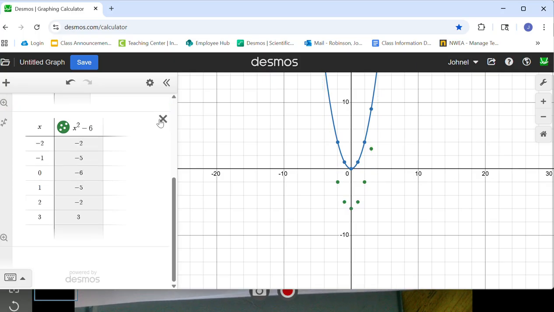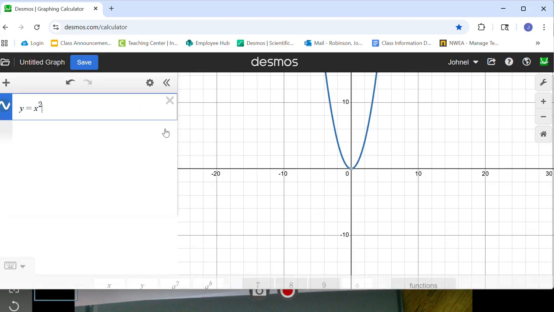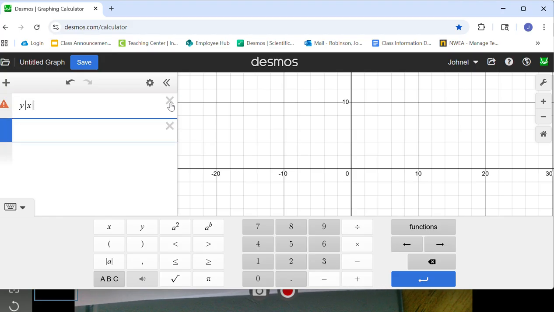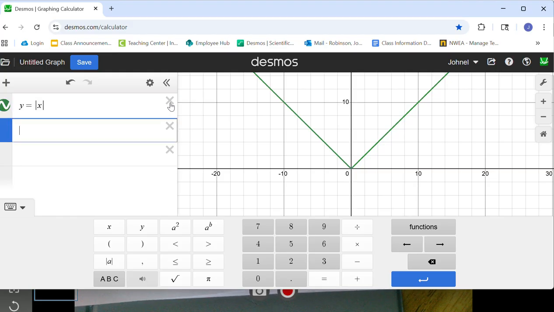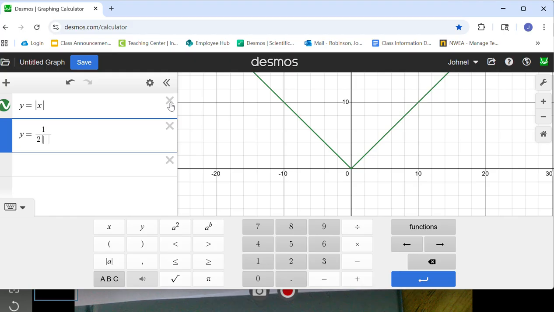Alright, we're going to clear out what's there already, and we're going to type in the parent for the absolute value. I put an equal sign on there. And we're going to key in the child, which is y equals 1/2 times the absolute value of x.